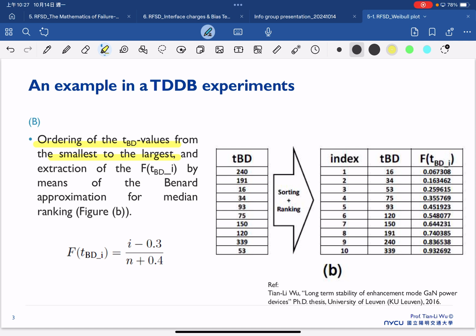So this is our raw experimental data, but now we have to order it from this one to the largest this one. That's a step in statistics we call ranking. So we rank. We do the ranking here.